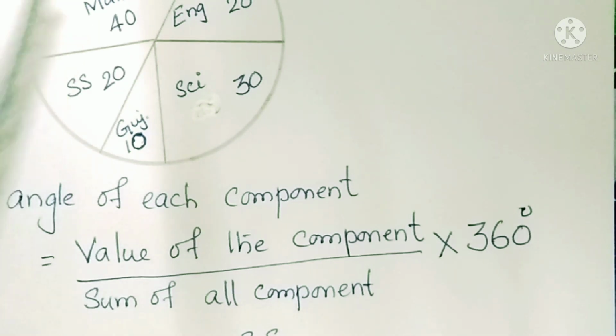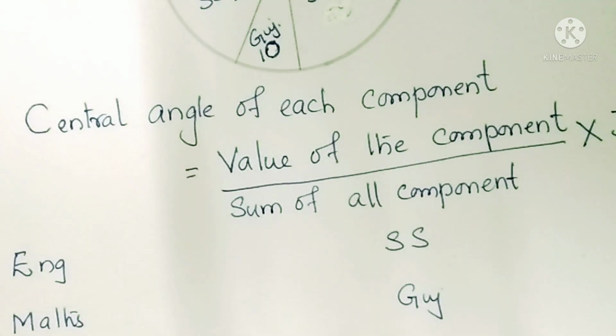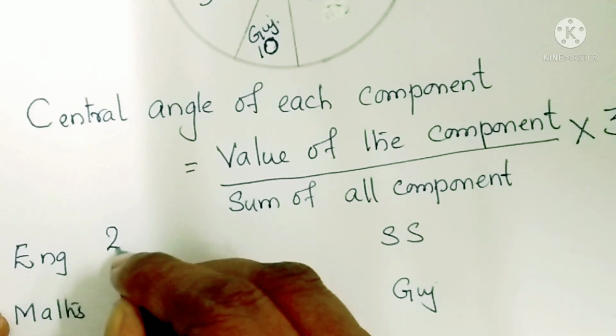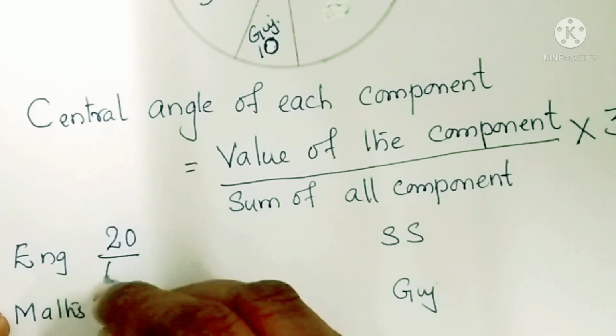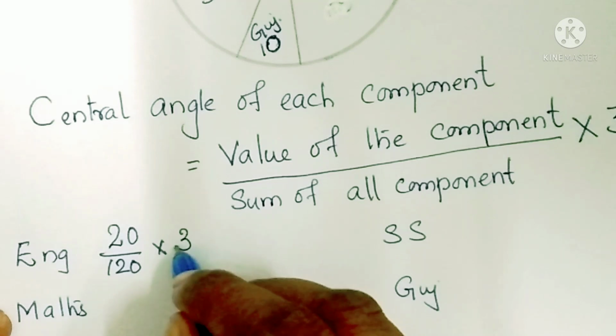Now let us find out for each subject. See here, for English, what is the marks of English? It is 20 out of 120 into 360.